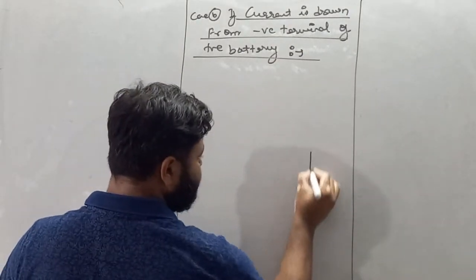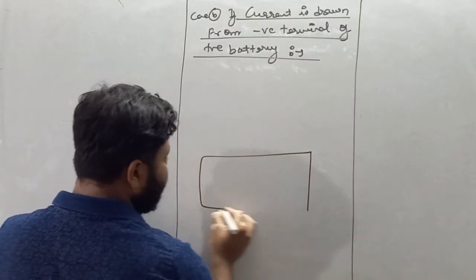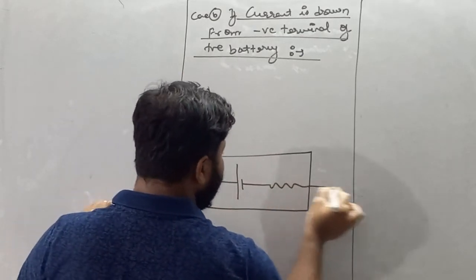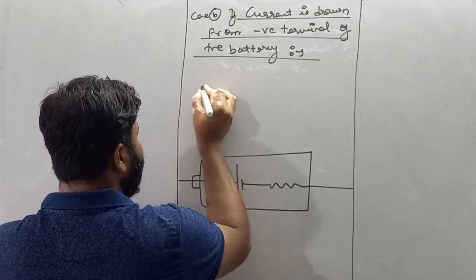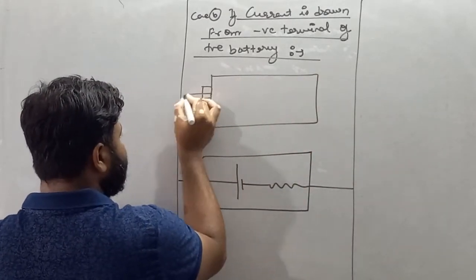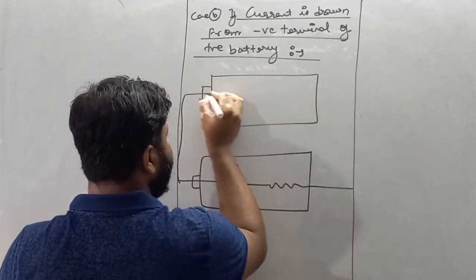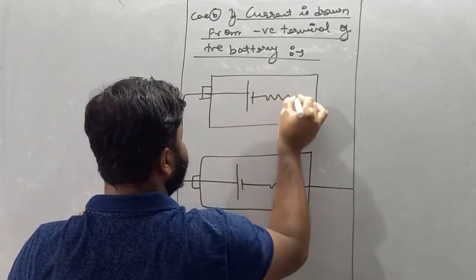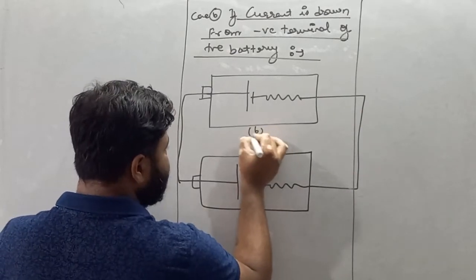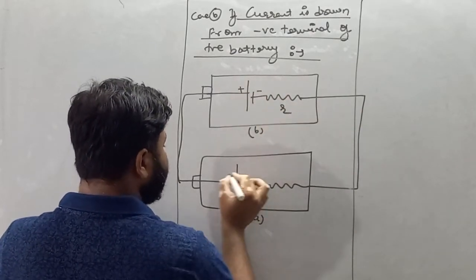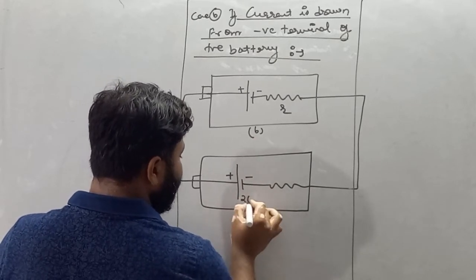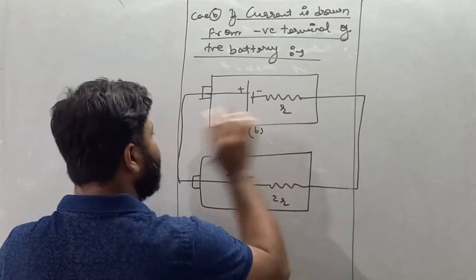I am showing you. See, let's suppose we have two batteries like this. I am connecting both the batteries together. This is battery A and this is battery B. Let's suppose battery A carries potential 2E and internal resistance 2R.